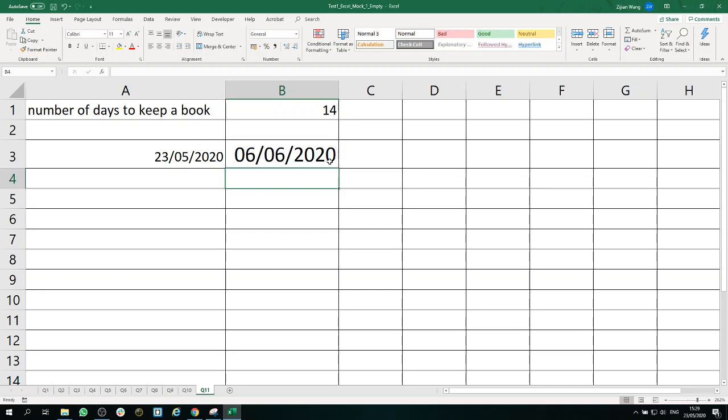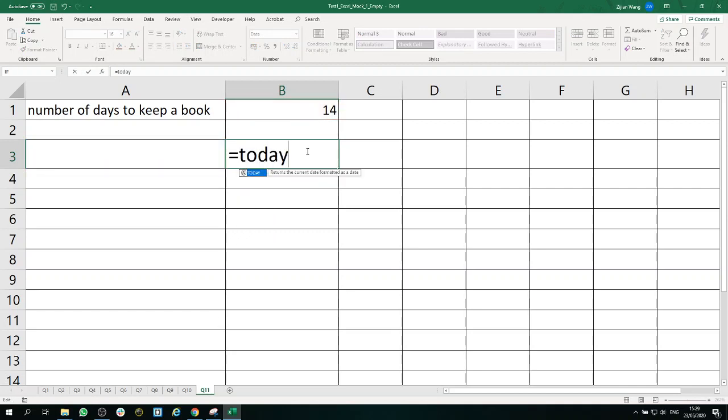However, we must keep in mind to not add any additional values in the exam paper. So that means we have to combine these two in one. We have to combine the date of today and the rule of 14 days into one cell.